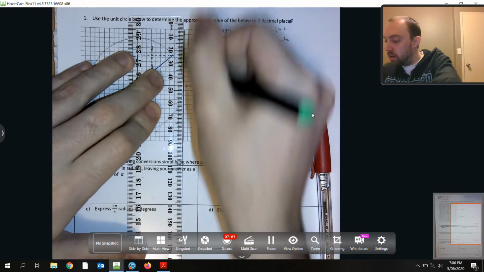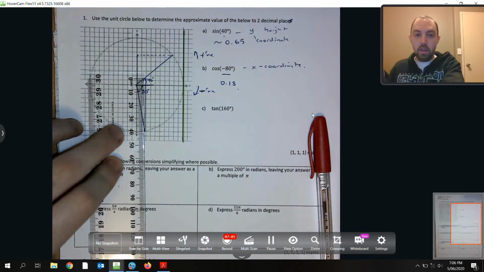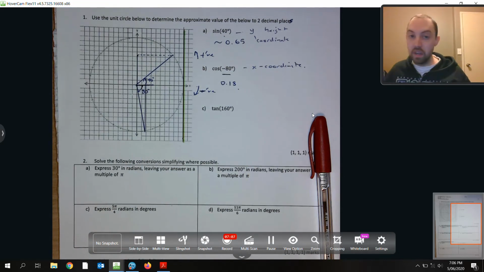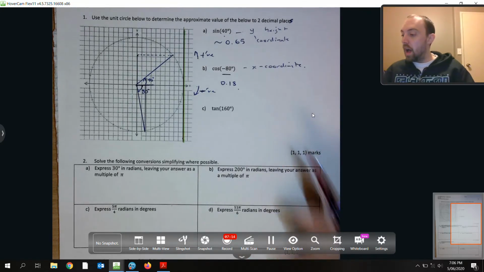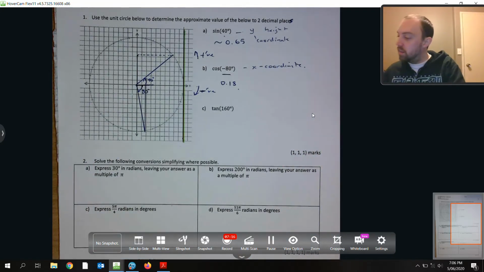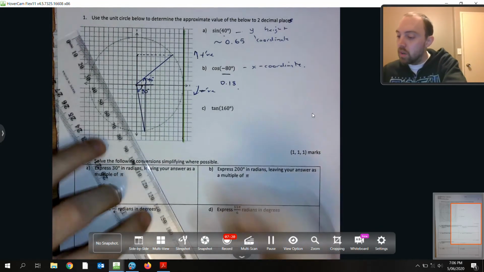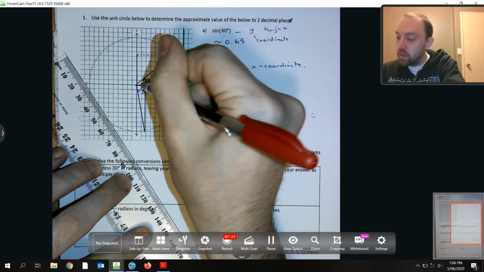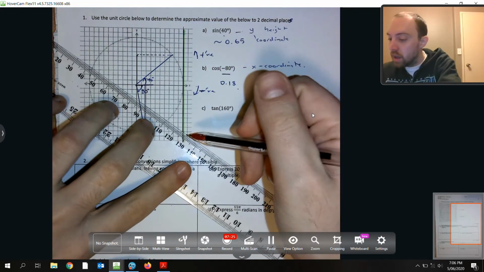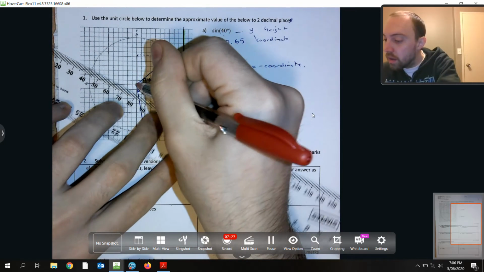Maybe if I highlight it. No, probably not. Still hard to see, but that there is the tangent. Alright. For tan of 160, we are trying for 160 degrees, which would be about here.